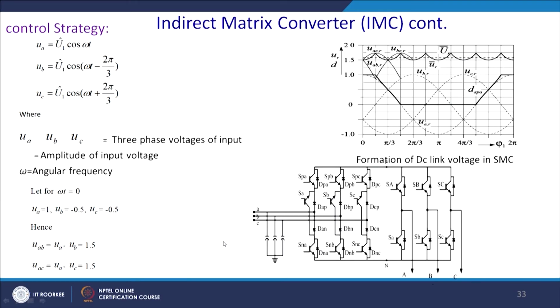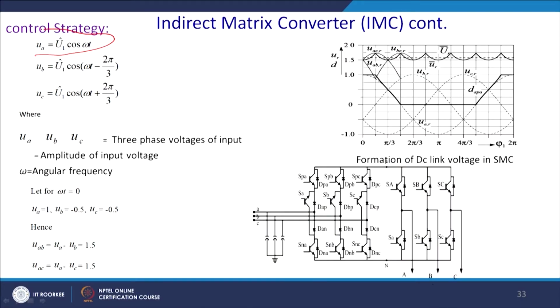Now, this is quite an interesting phenomenon, how you generate the voltages. We are saying that there is a fictitious DC voltage, then how will this voltage appear, and since it has no energy storing element, it has to be an instantaneous phenomenon.